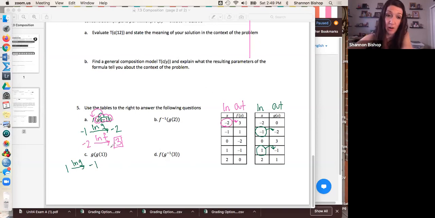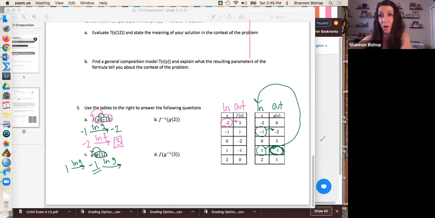However, it doesn't stop there because you then take that answer and you plug it back in. Here's where you have to really pay attention to the definition of composition. Right now, where did I get -1 from? I got it from right here, and right now I am circling an output. -1 is the output. However, for composition purposes, I am now going to turn around and use that -1 as an input.